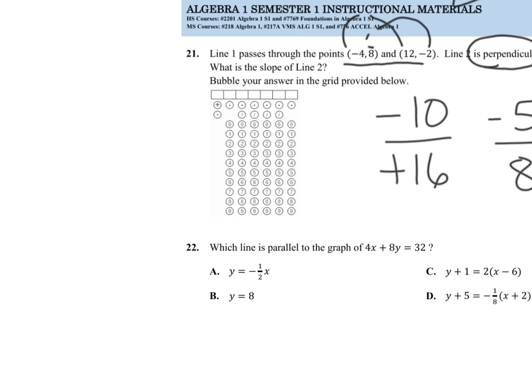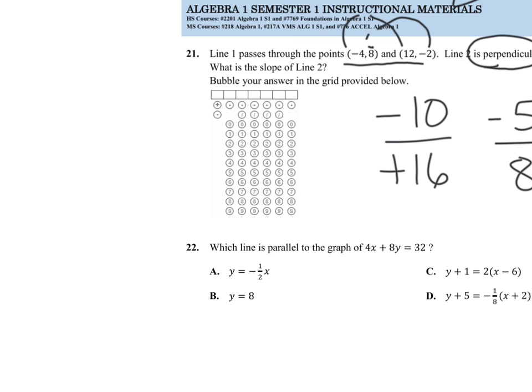Well, perpendicular just means that if it's negative, I'll make it positive. If it were positive, I would make it negative. And then I just take the fraction and I flip it upside down. So my answer would be positive 8 over 5. And so let me show you how to bubble that in, because bubbling is a thing, right?